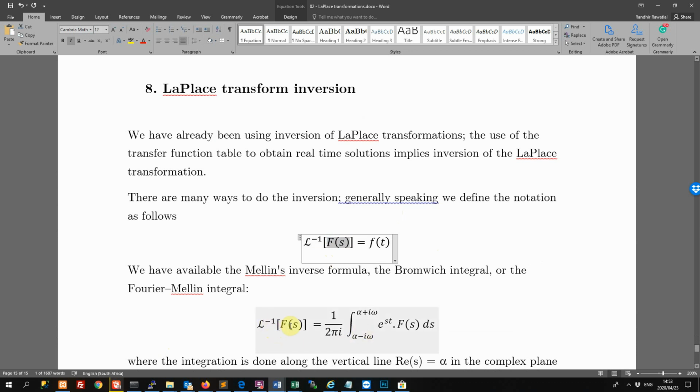So the inverse Laplace transform of an S-domain function looks like this: 1 over 2 pi i, integral from alpha minus i omega to alpha plus i omega, and then e to the st. You probably expected to see that. So that's how you can invert if you aren't able to use tables or something like that.